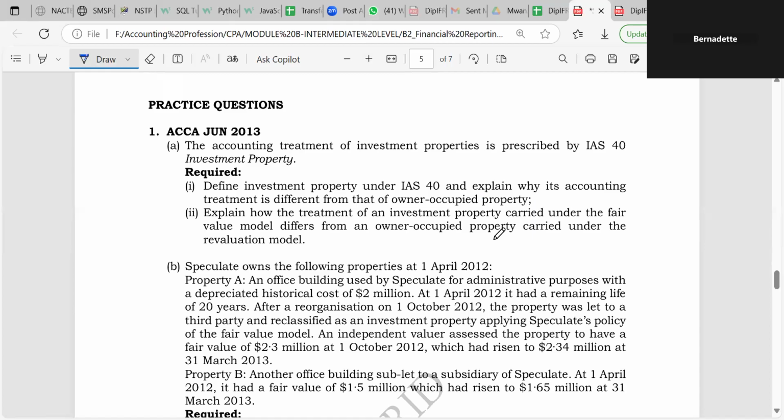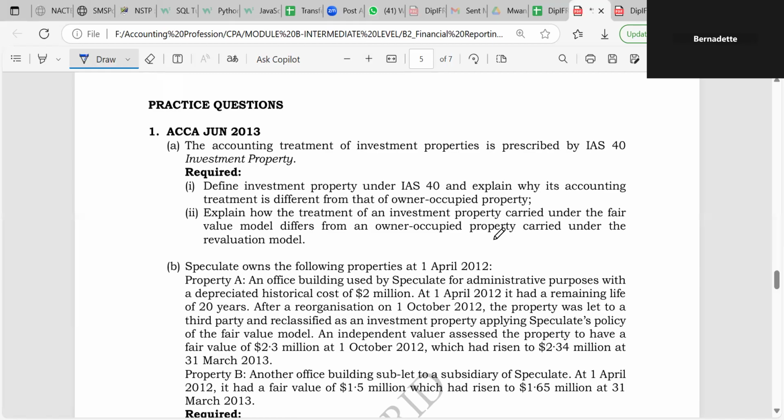One of them is that for the owner-occupied property, the gain is transferred to the OCI, while for the investment property, the gain or the loss we transfer to profit and loss.